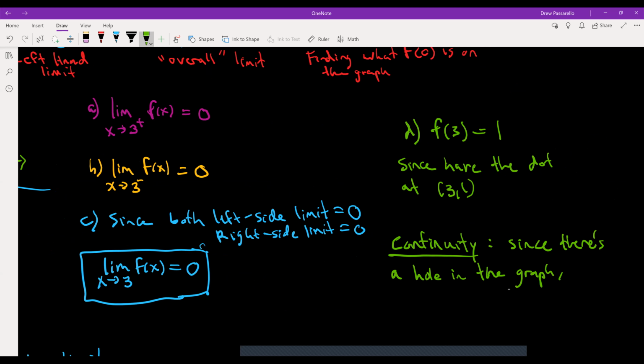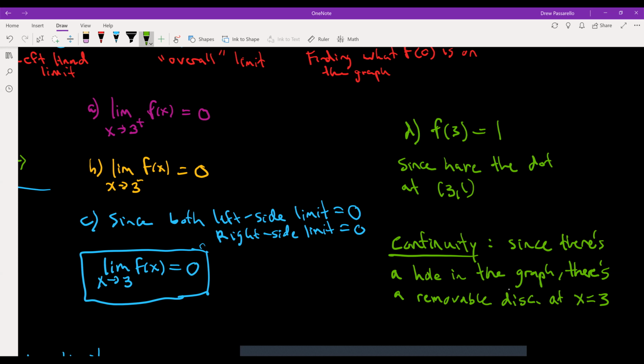It's called a removable discontinuity at x equals 3.